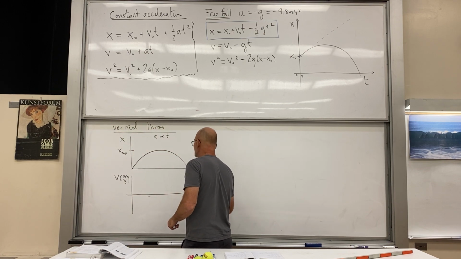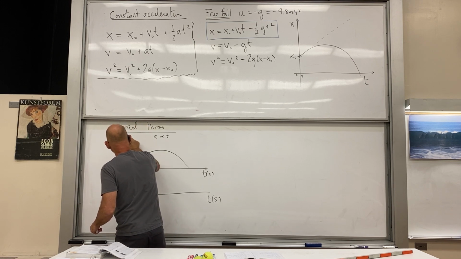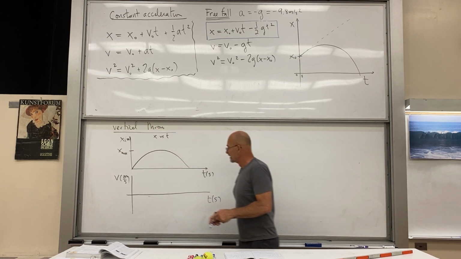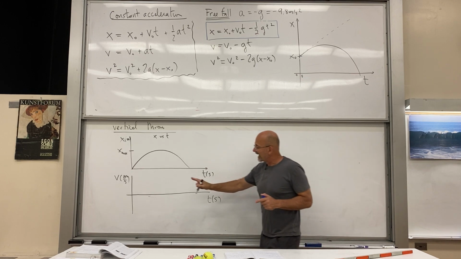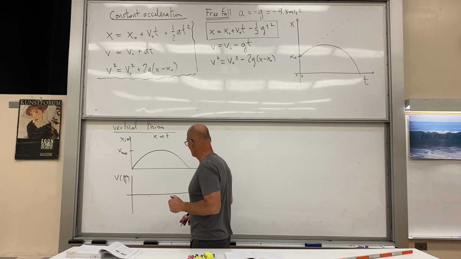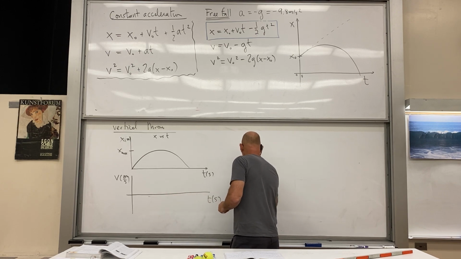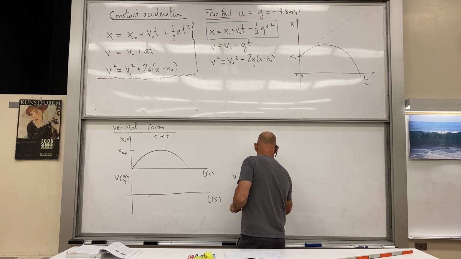T is in seconds. Same time scale, but a different vertical scale here. Now this is the velocity, and the function here is V equals V0 minus GT.